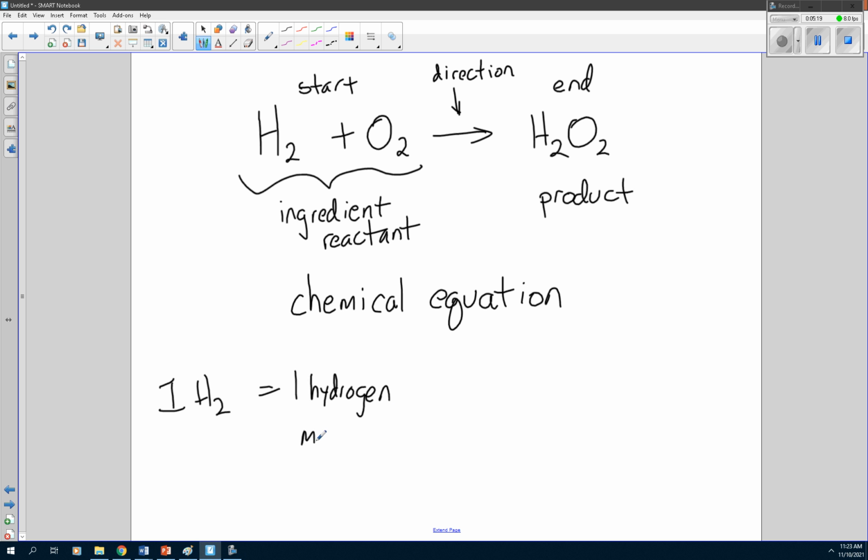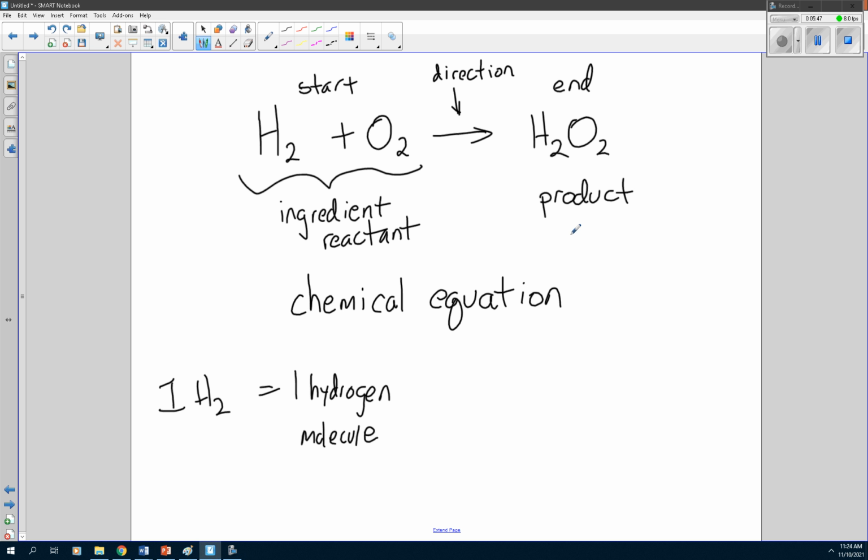And a molecule is a really small cluster of atoms that typically don't connect to other similar clusters. So an H2 would be a hydrogen molecule, and the same thing with O2. O2 would be an oxygen molecule. And during this chemical reaction, these atoms seem to end up combining together somehow, and they form a new molecule, H2O2, which you might know as hydrogen peroxide.